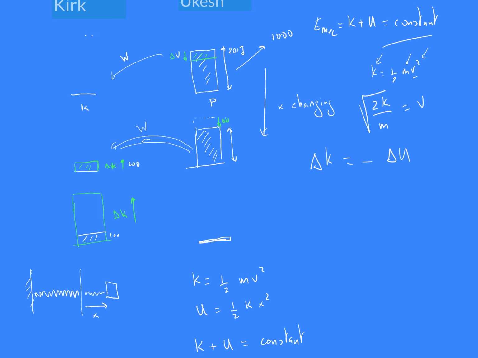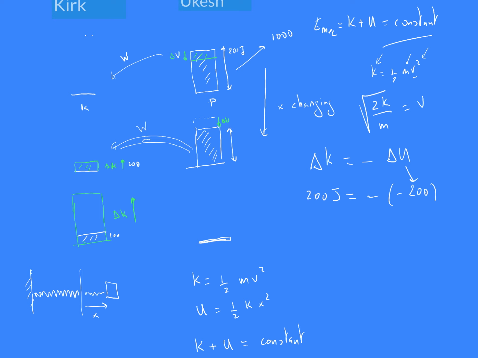Because delta K increases by 200 joules, and delta U decreases by 200 joules. So delta U will be minus 200, and delta K will be 200.